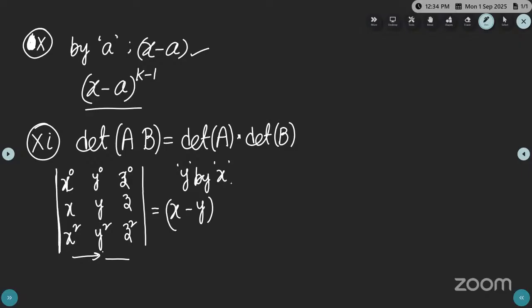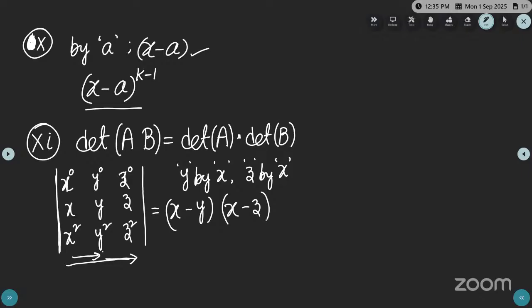Next, what is the next replacement? Replace z by x. Don't miss the order. What is the factor? x minus z is a factor because the third column and first column are identical.